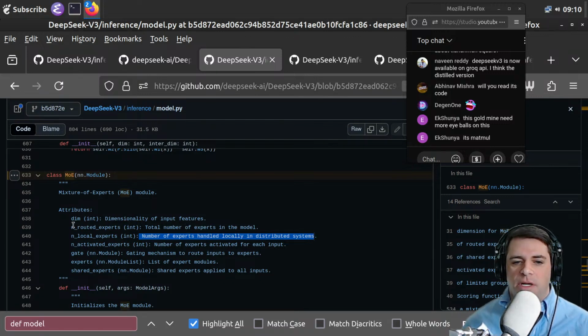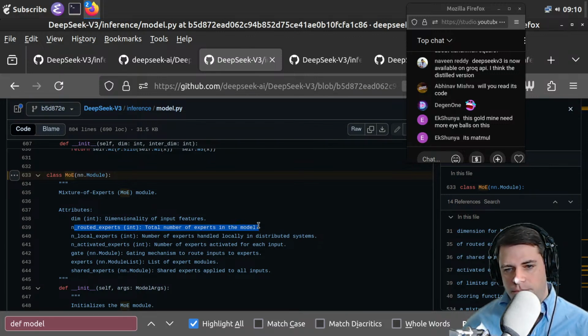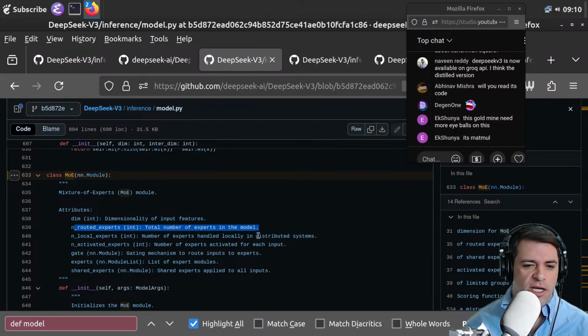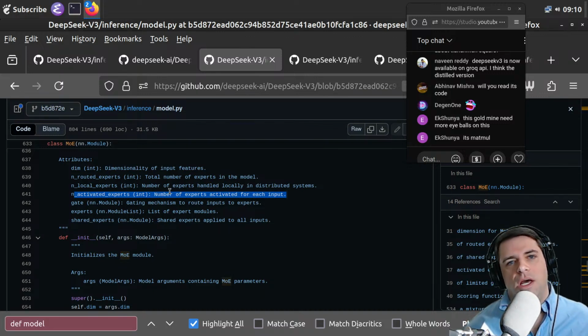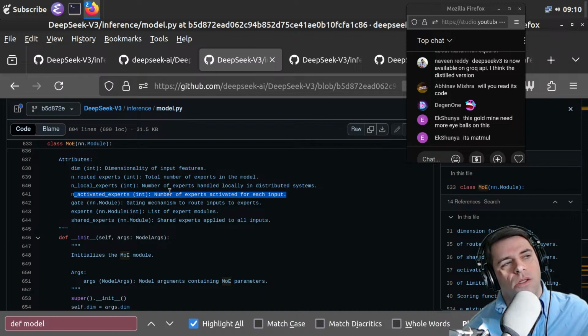So routed probably means, let's say you have 100 GPUs. You might have 10 experts, but each GPU handles one expert or something. And activated experts somehow, each input activates only a subset of the parameters of the overall model.